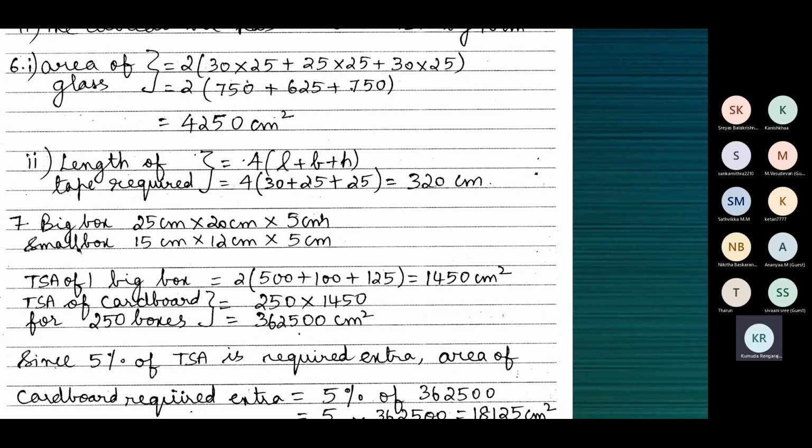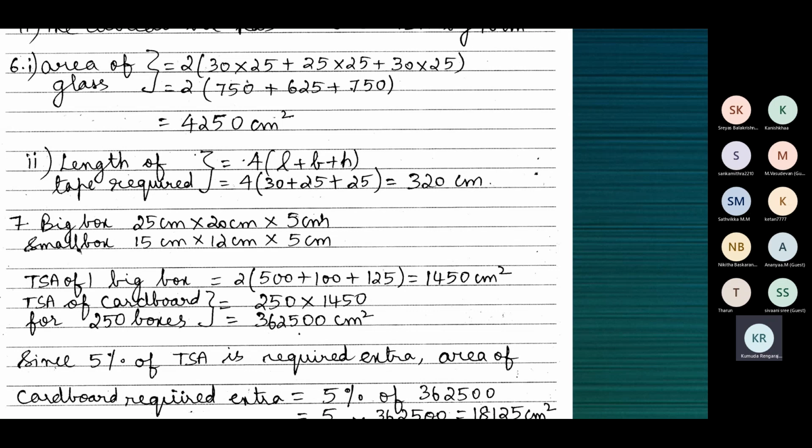So it's not a question of whether it is CSA or TSA, curved surface area or total surface area. No, area of glass means wherever glass is used, all that area you have to find. And we know that glass is used to make all the 6 surfaces, including the base.